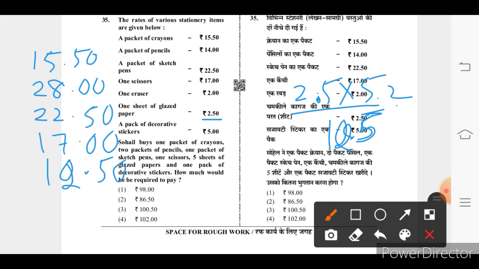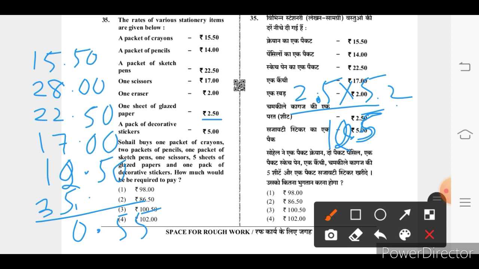What is the cost for the decorative stickers? 1 packet is 5 rupees. How much would be required to pay? So add these. 15 plus 7 plus 7, 14 plus 1, 15, 15 plus 5, 20, 20 plus 8, 28, 28 plus 2, 30.